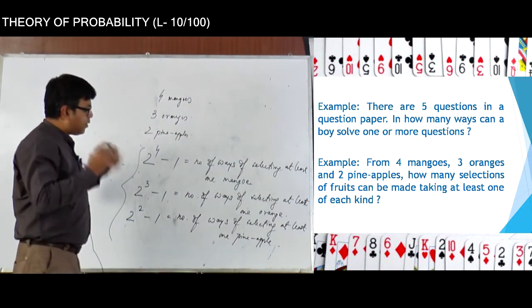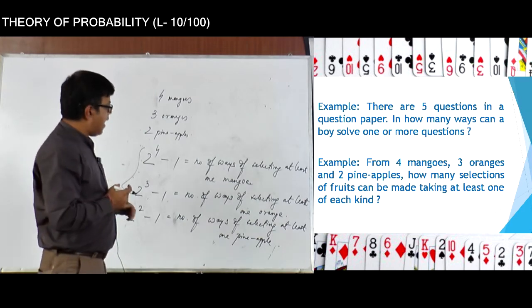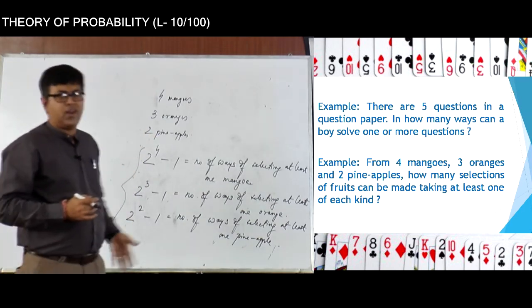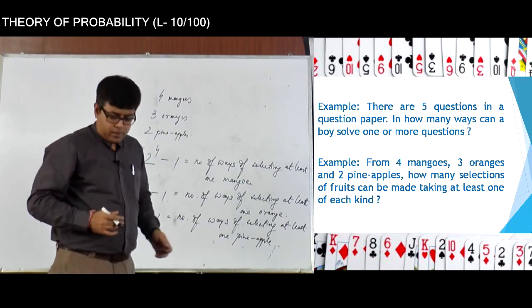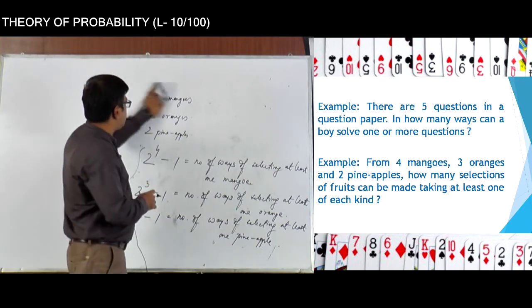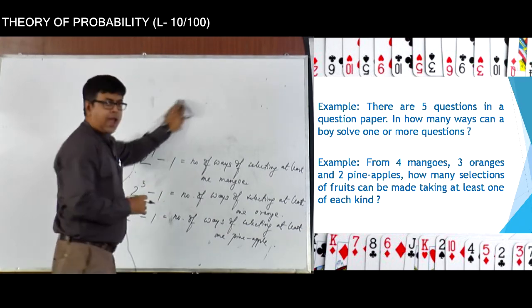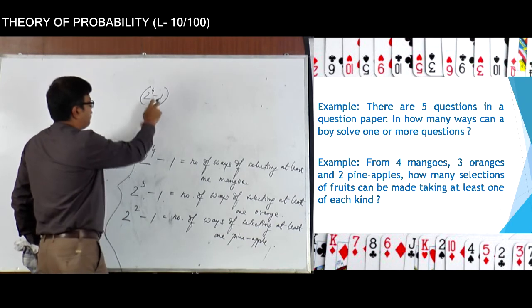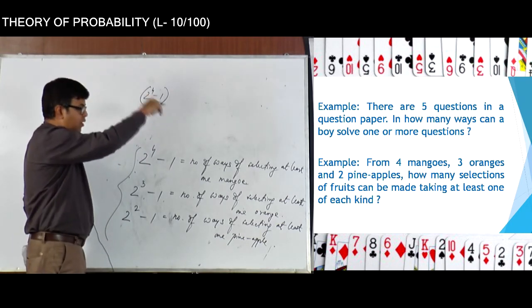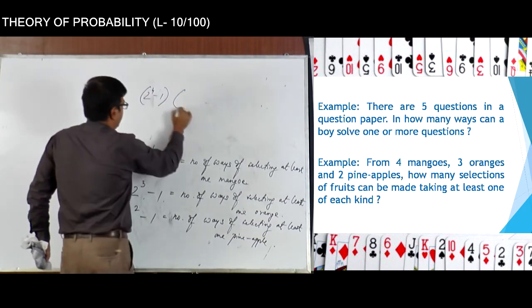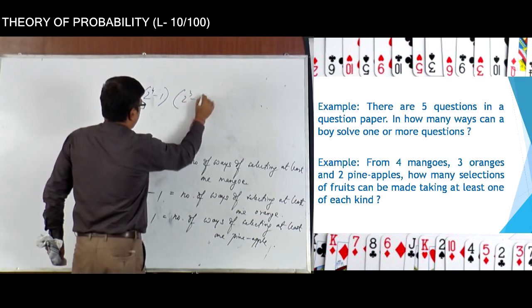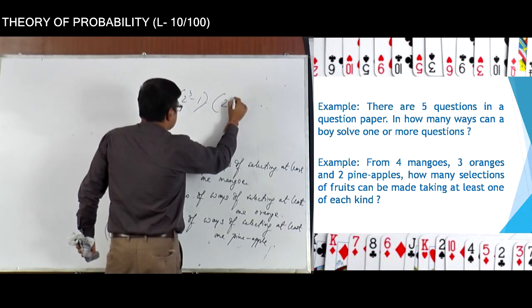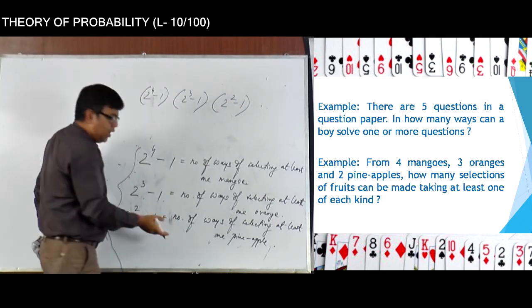Therefore, by the fundamental principle of counting, the total number of such selections, with at least one mango, one orange, and one pineapple, will be (2 to the power 4 minus 1) times (2 to the power 3 minus 1) times (2 to the power 2 minus 1), because for every way of selecting at least one mango there are 2 to the power 3 minus 1 ways of selecting at least one orange, and 2 to the power 2 minus 1 ways of selecting a pineapple.